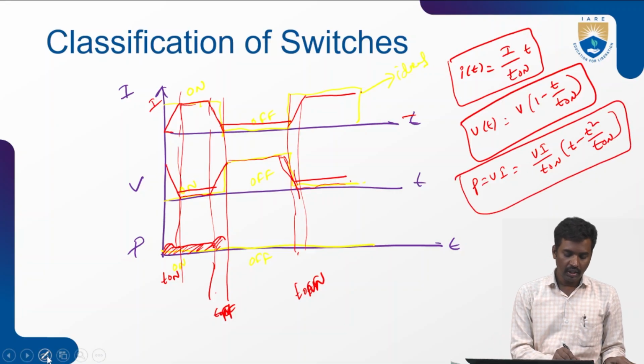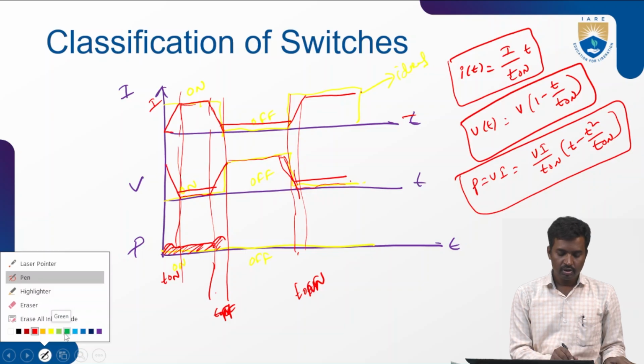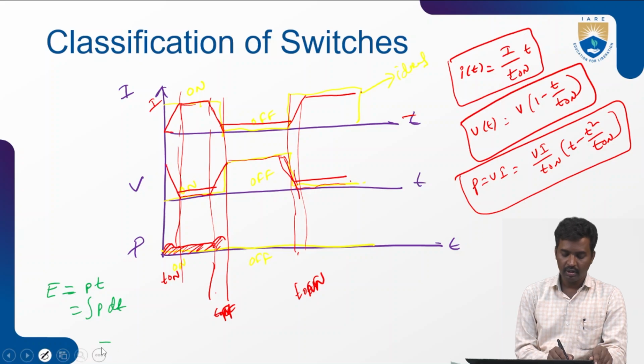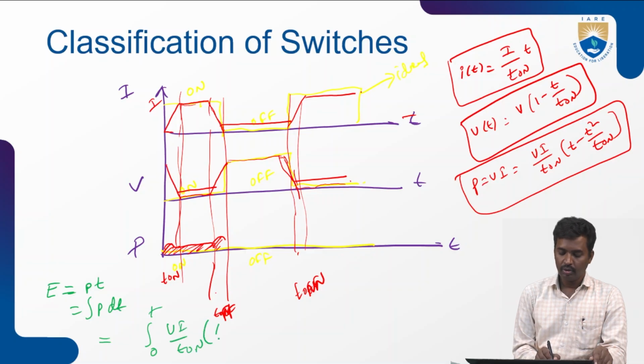So now here let me change the color over here. First, what do we mean by energy? Energy equals P into T, so that is the integral of P dt. So what is P here? So V integral from 0 to T on of V I by T on into T minus T square by T on.